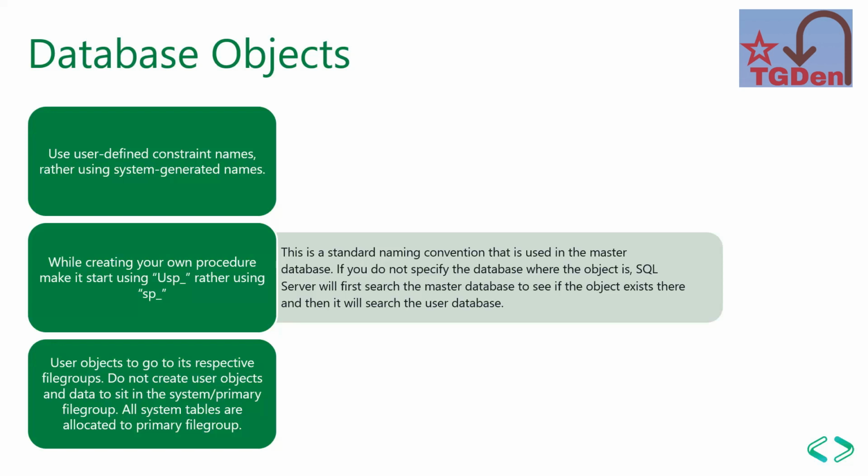The next point is, while creating your own procedure, make it start with USP rather than SP. Why is this important? Because sp is a standard naming convention used in the master database. If you do not specify the database where the object is, SQL Server will first search the master database to see if the object exists there, and then it will search the user database.